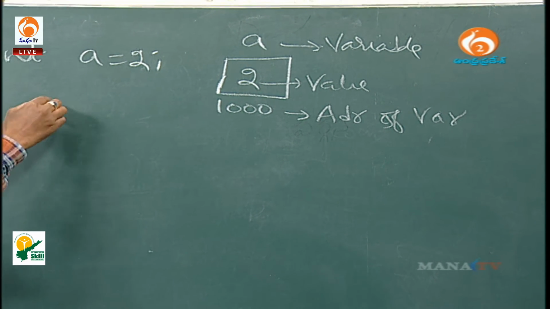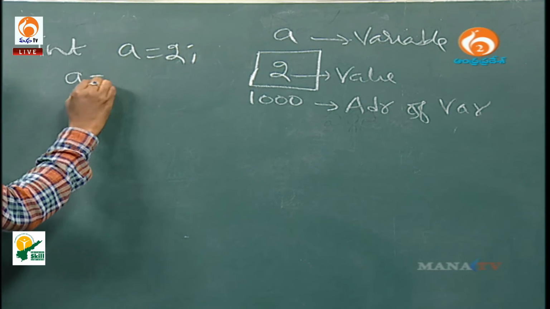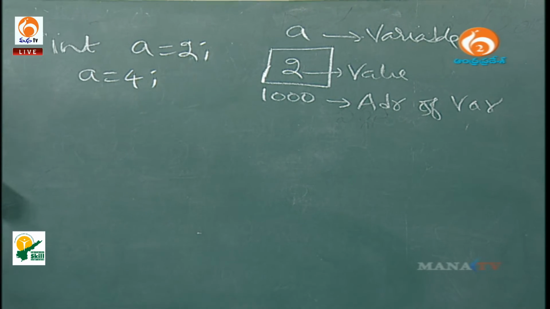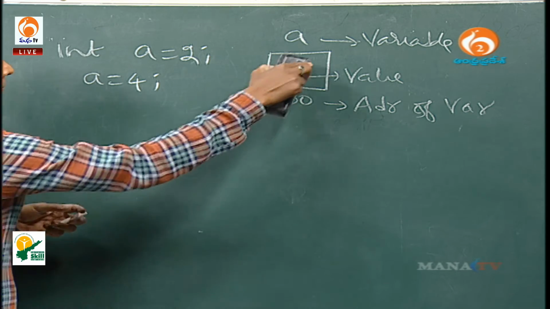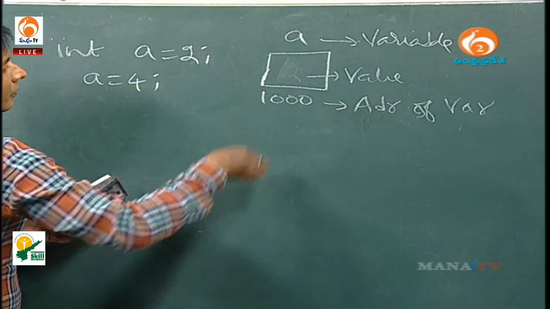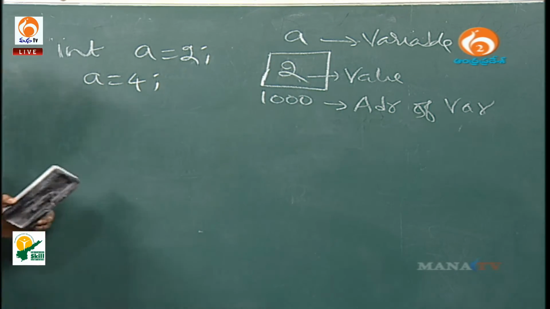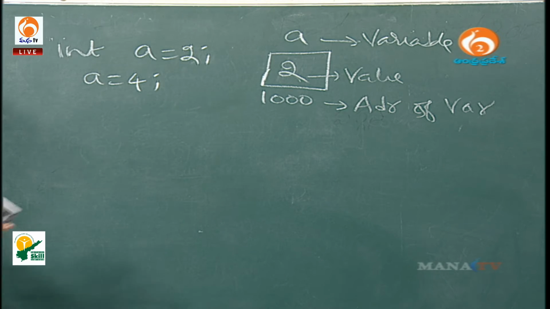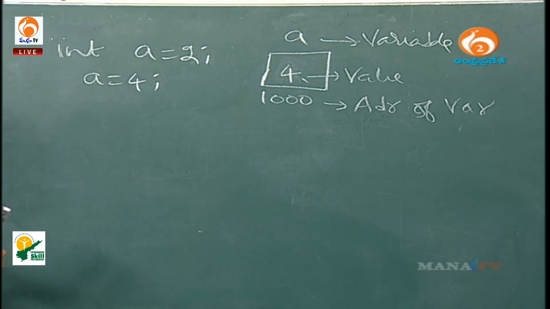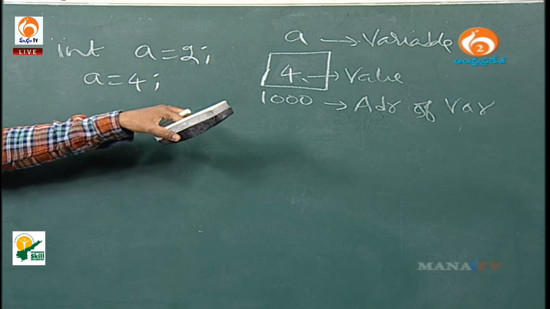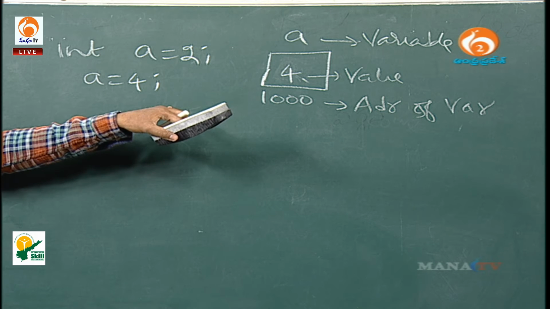Next, in the next statement I want to store some more value: a = 4. So the new number, 4, is stored in the same variable. 2 is lost, the old number is lost, only the new number is stored.